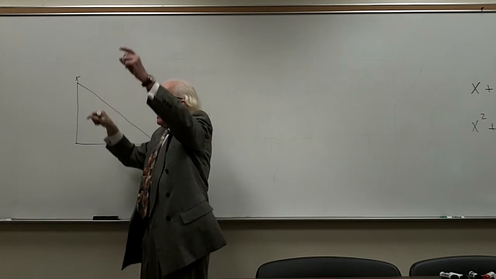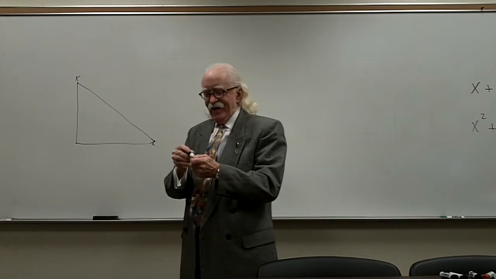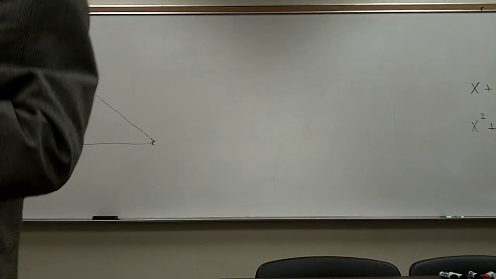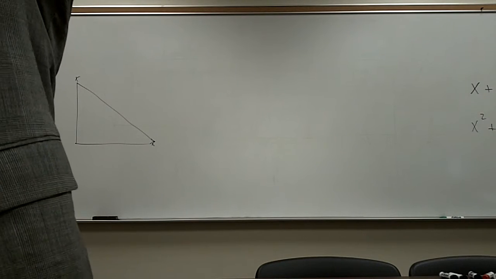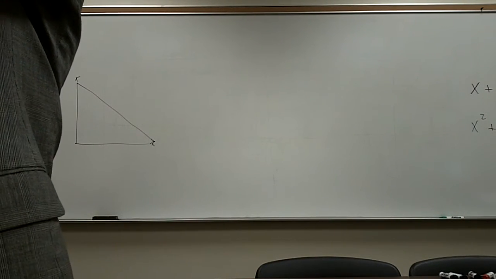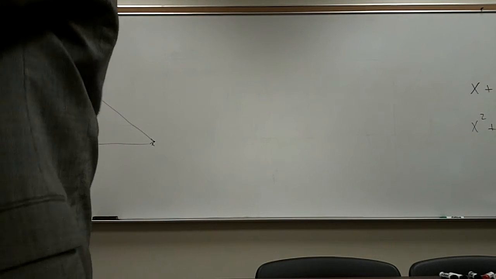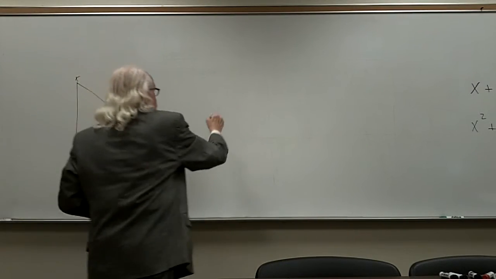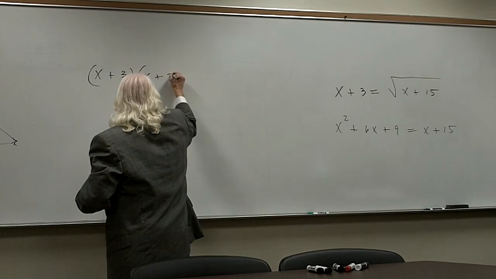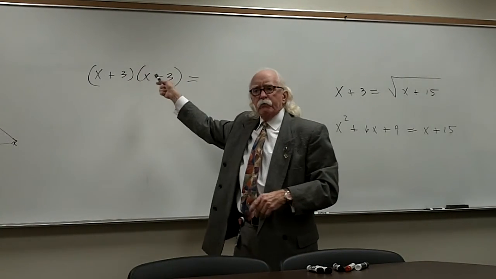I catch them all the time on that, folks. But please, please, please don't do that. When it says square that binomial, it says take the binomial x plus 3 times x plus 3. And how do you do that problem?